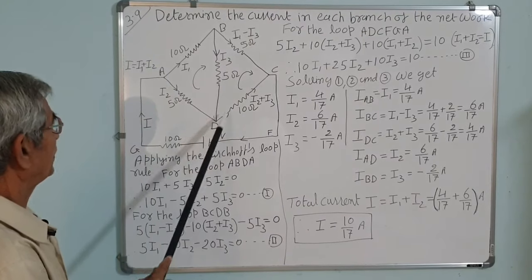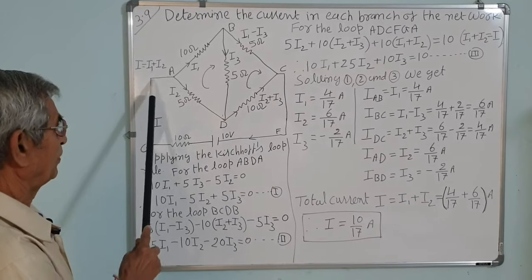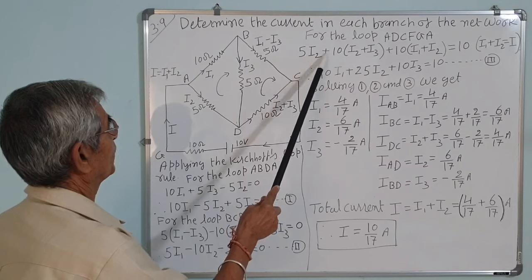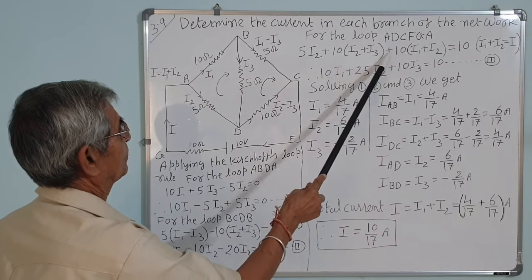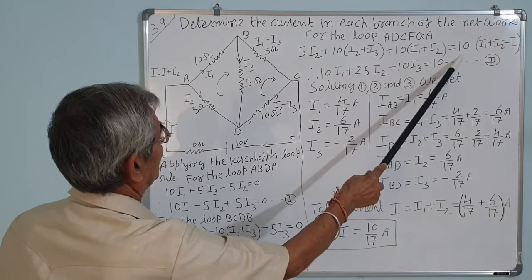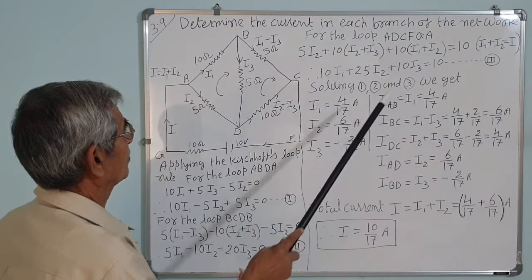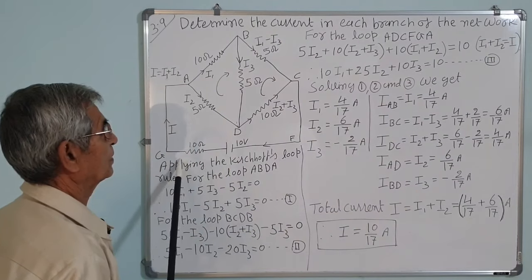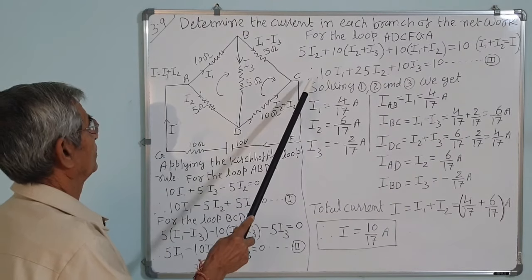For the loop ADCFGA, from the Kirchhoff loop rule we have 5I2 plus 10(I2 plus I3) plus 10(I1 plus I2) is equal to 10, because I1 plus I2 is equal to I, the total current.